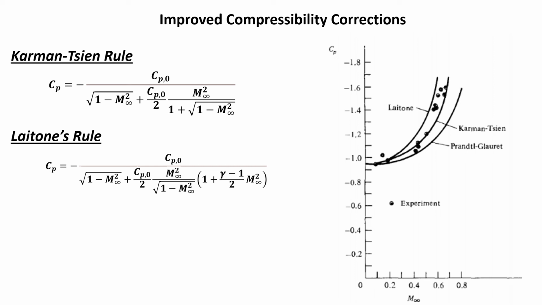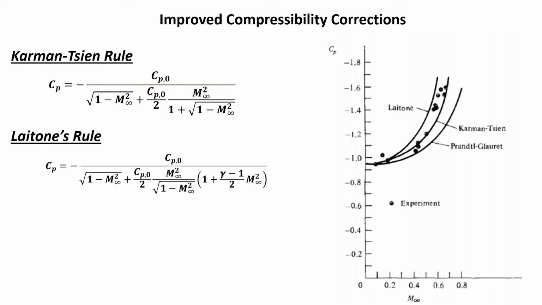It compares the three compressibility correction methods, and we can see they stay at different heights, especially once it goes to the higher Mach number. And for the same Mach number, usually Laitone's rule has the lowest, remember, lowest pressure coefficient, because again this time Cp is inverted. And the experimental data is also included.